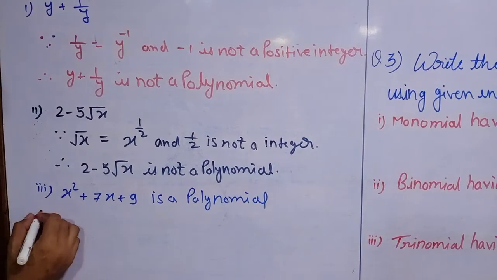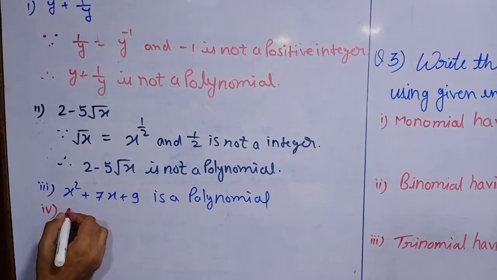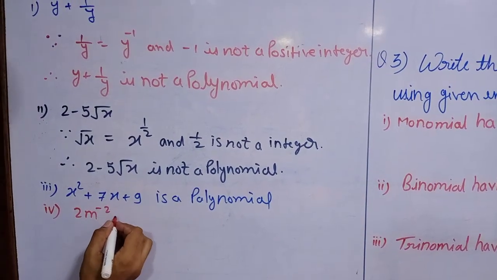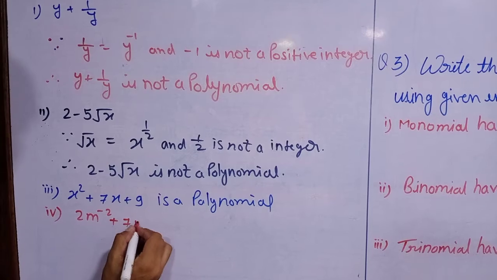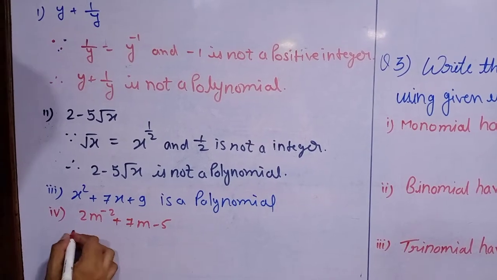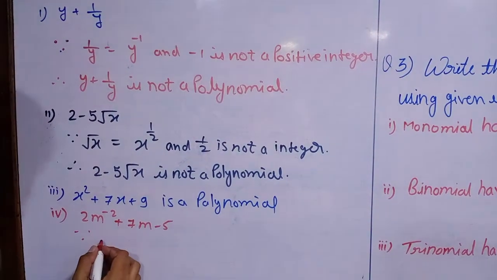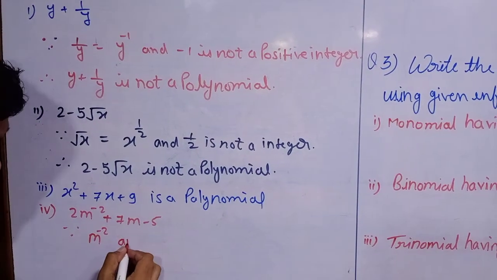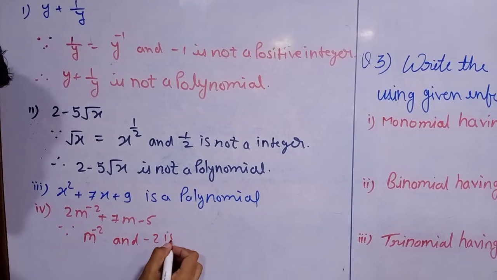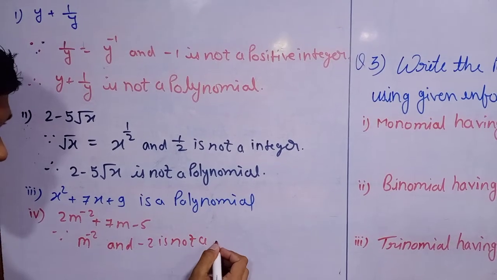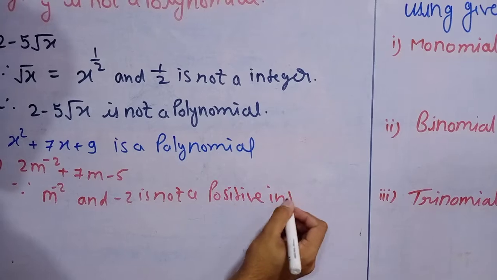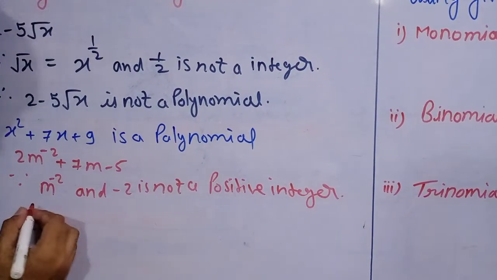The next one, fourth one, that is 2m raised to minus 2 plus 7m minus 5. Because m raised to minus 2 is given and minus 2 is not a positive integer.